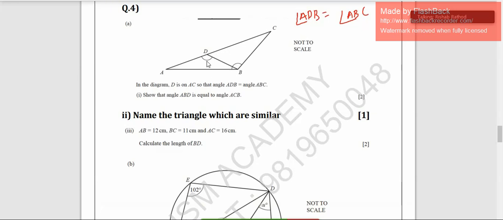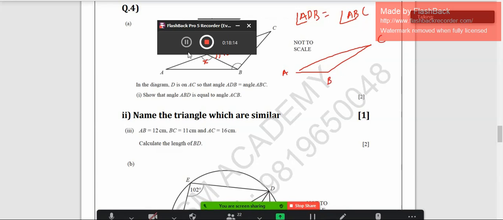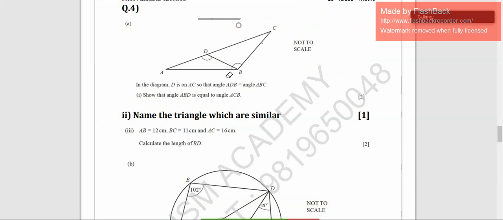So can I say let this be X? Okay, so let's write this, we already know is equal.